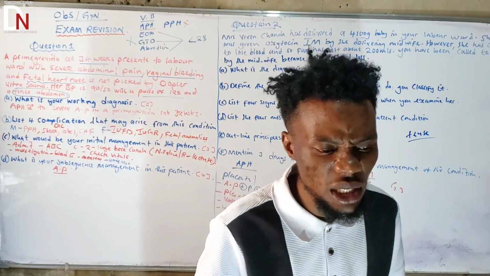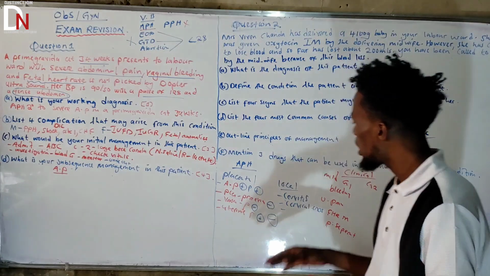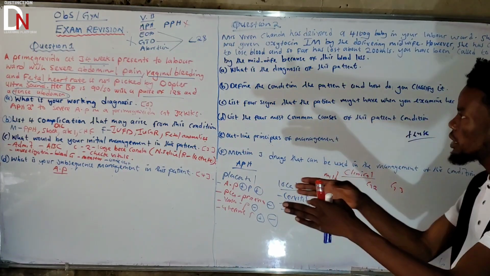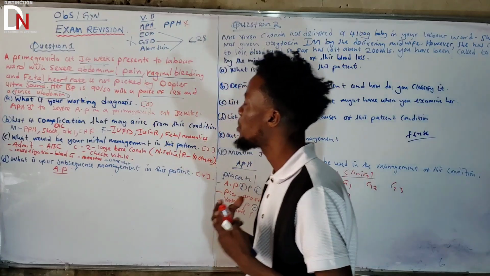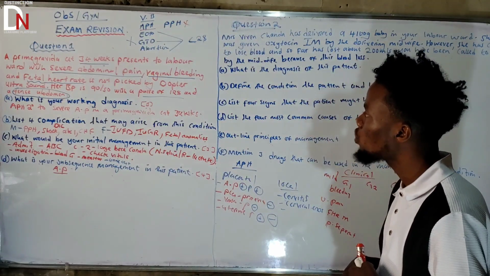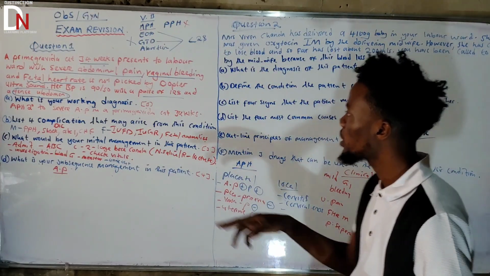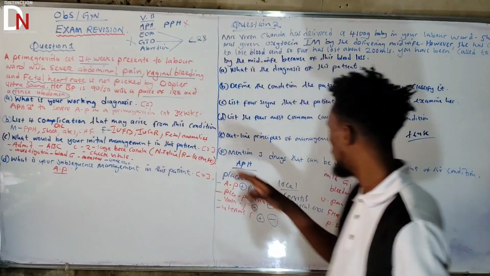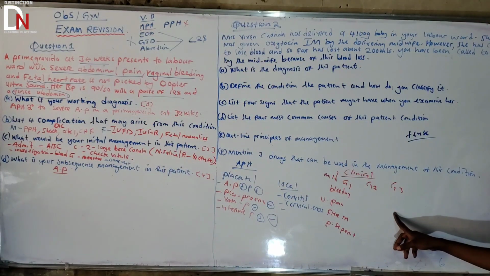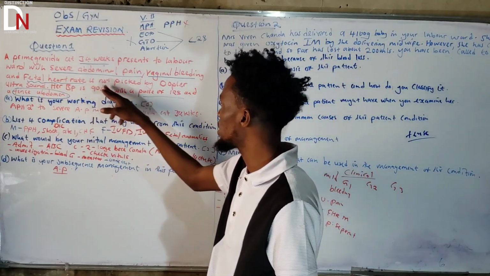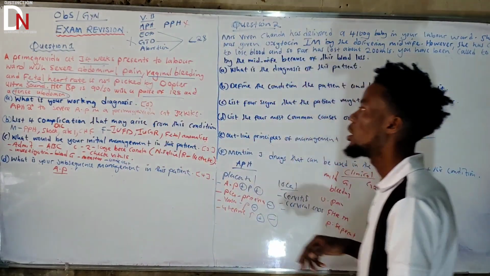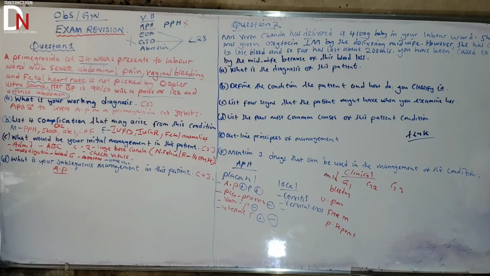So those are the classifications. Now, our question was talking about severe abruptio placenta. What were the indicative signs we talked about? There is severe abdominal pain, which is the severe pain under grade 3. The other feature is that the fetal heart rate is not picked up by Doppler ultrasound.